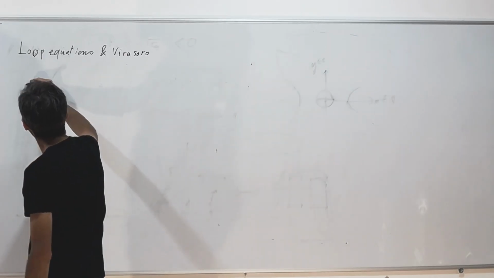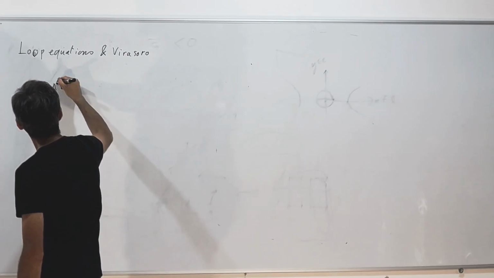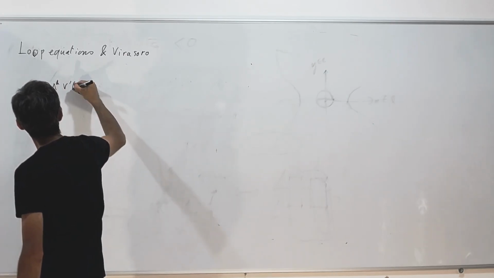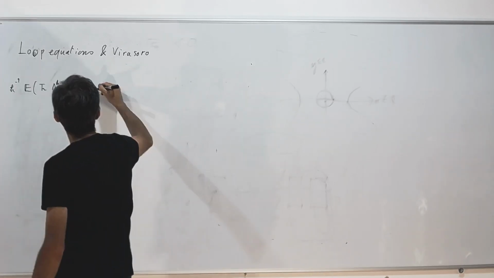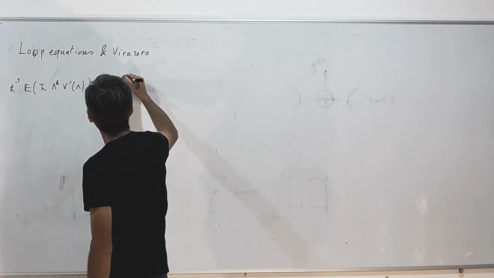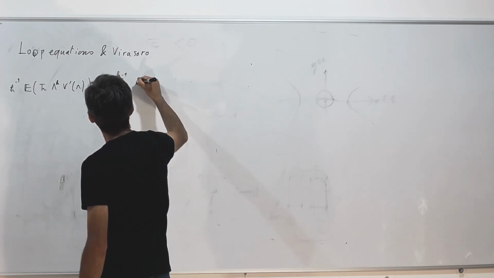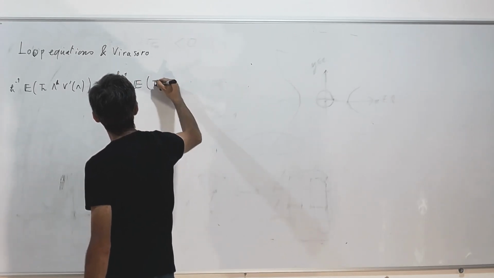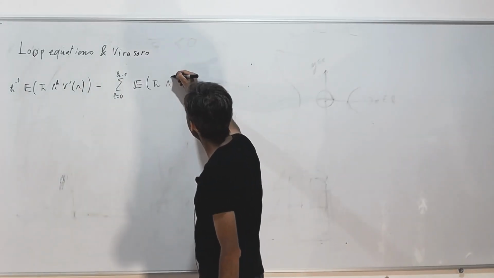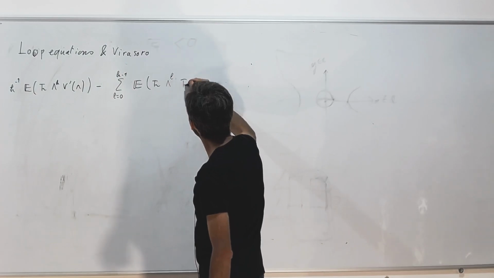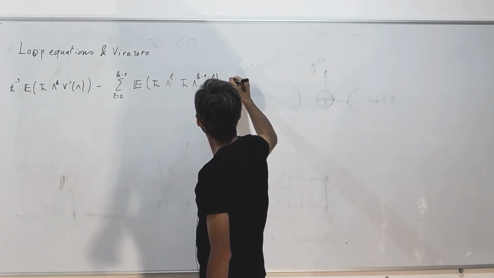Typically, we got that the expectation value of trace of lambda k V prime of lambda, times h bar to the minus 1, minus the sum from L equals 0 to k minus 1 of the expectation value of trace of lambda L, trace of lambda k minus 1 minus L, equals 0.